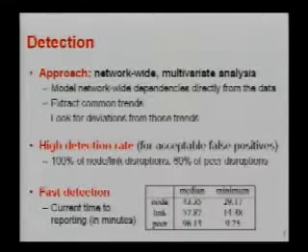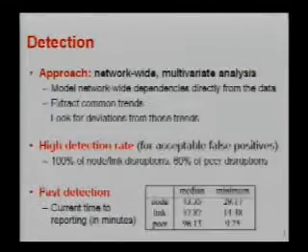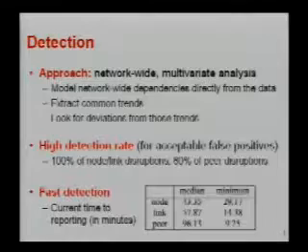I say acceptable false positive rate because it's hard to tell, for example, if we detected something and it's not documented on their list of known failures, whether they just didn't happen to know about it, or whether it in fact is a false positive. So that would be a place where we could certainly improve our techniques by talking with people who are running networks who actually have some knowledge of what may or may not have happened, rather than just doing black box post facto validation.